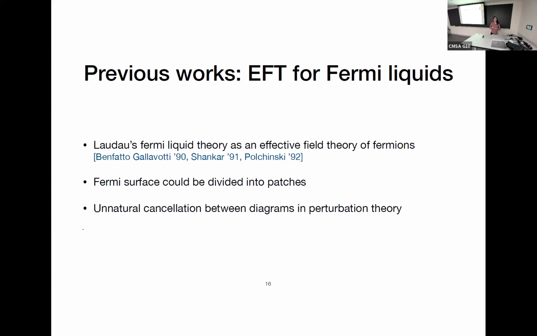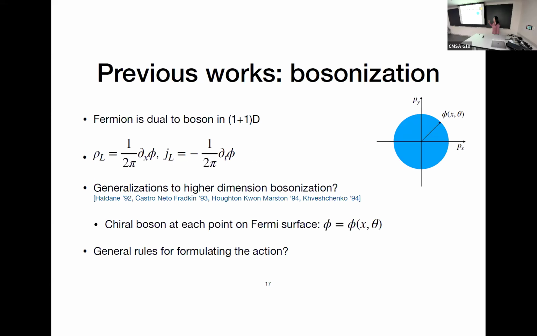There's something we can think about, because naturally there's some unnatural cancellation between the diagrams in perturbation theory. And because we're aware of this unnatural cancellation of the diagrams, that gives us a motivation for why we want to study bosonization.